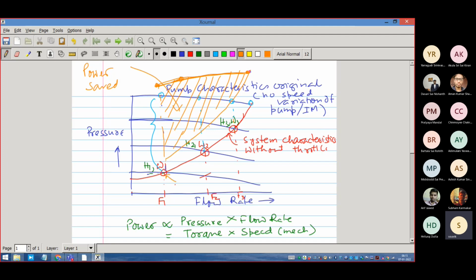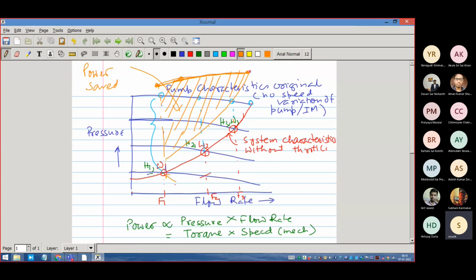That is common sense, because in the low speed zone most of the pressure you are dropping in the throttle. Since the throttle is taking most of it, it is likely to happen in the low speed zone. But you cannot immediately conclude the lowest speed corresponds to the maximum power saved, because power is a product of pressure and flow.